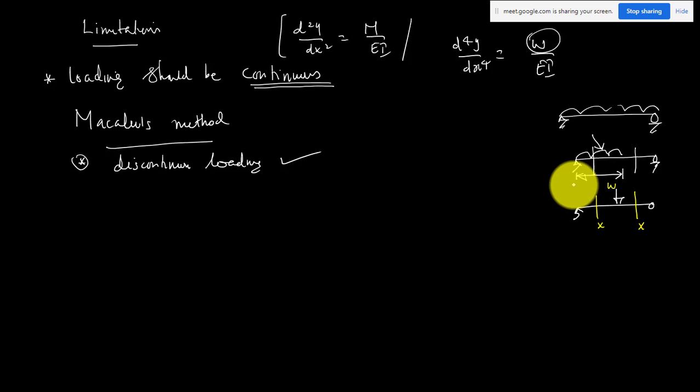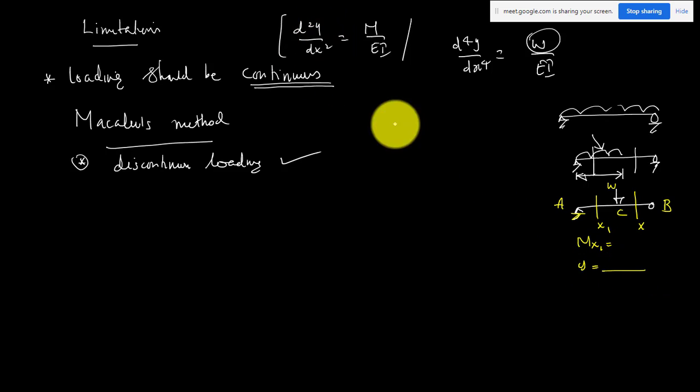You can solve it by the double integration method, but that method will be very lengthy. Suppose you take A, and this is B, and the midpoint is C. First you take a section in the AC segment. You write the equation for this section at x1. So you can get an expression for y finally, right?